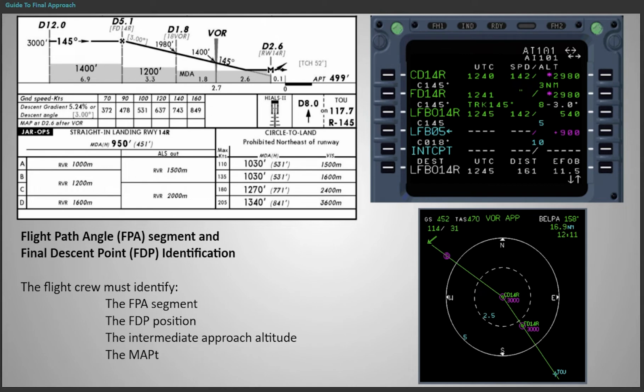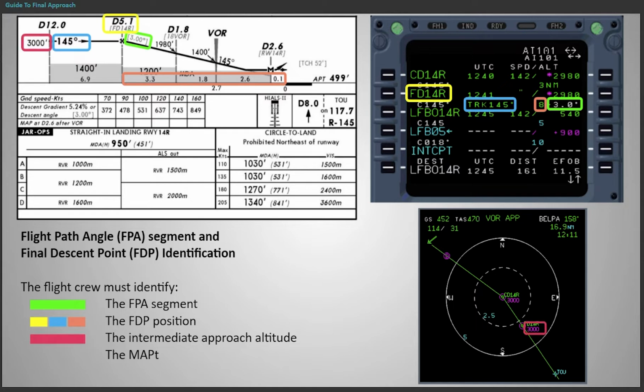Flight path angle segment and final descent point identification. The flight crew must identify the flight path angle segment, the final descent point position, the intermediate approach altitude, and the missed approach point.